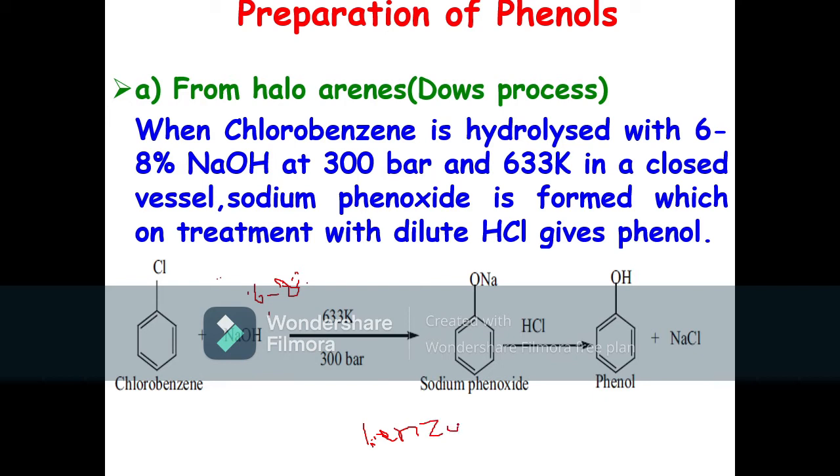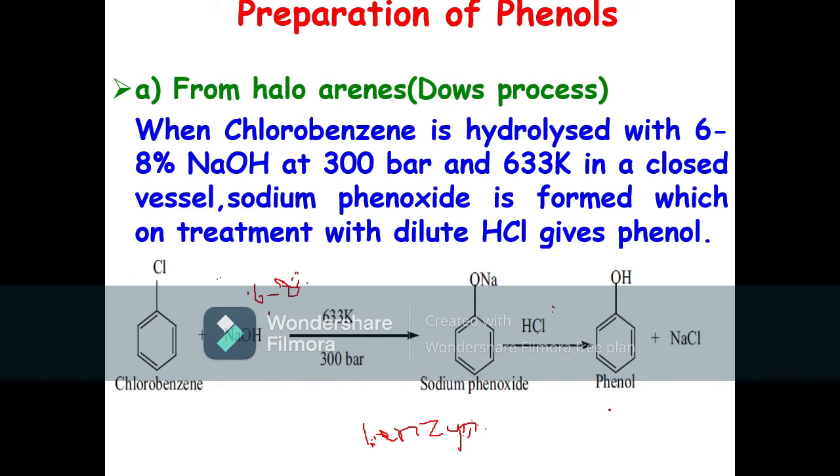It is an unstable compound. This sodium phenoxide is treated with dilute hydrochloric acid. It gives phenol and sodium chloride. The chlorine and sodium go out as sodium chloride as a byproduct. It gives the phenol. From haloarenes, this is the first method.